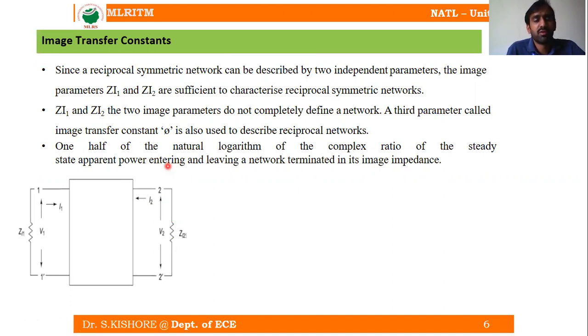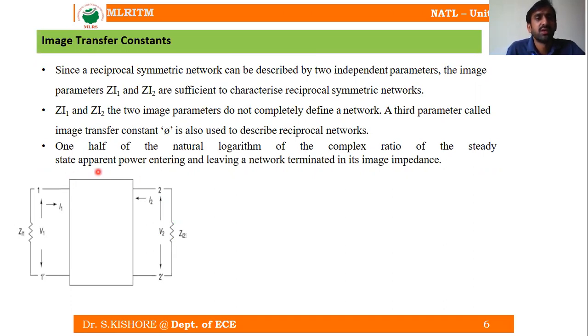So if you want to estimate the power or the currents, we may need a third parameter, the image transfer constant, also known as the propagation constant if it satisfies reciprocity and symmetrical conditions.